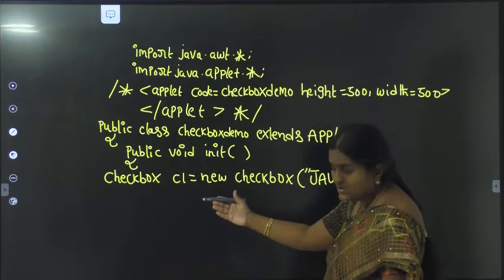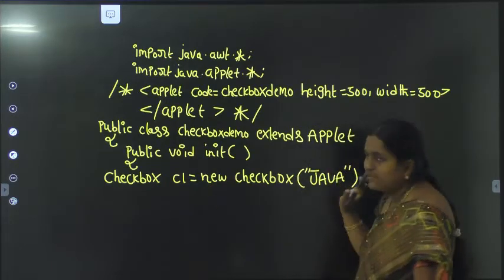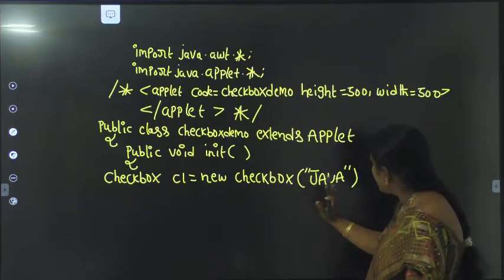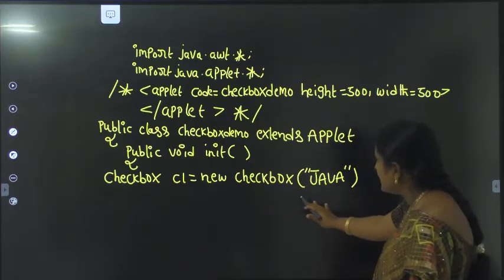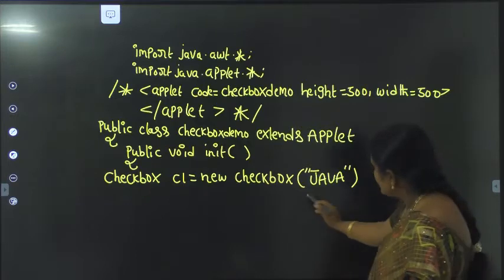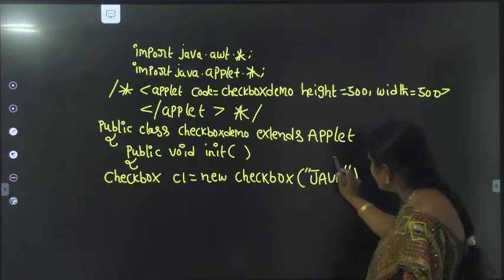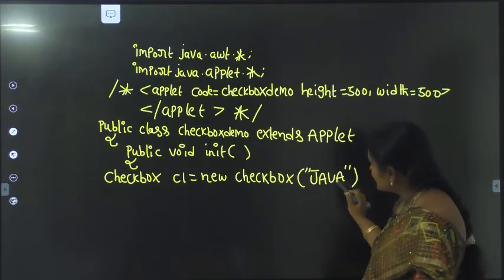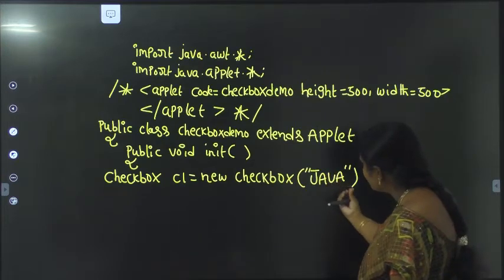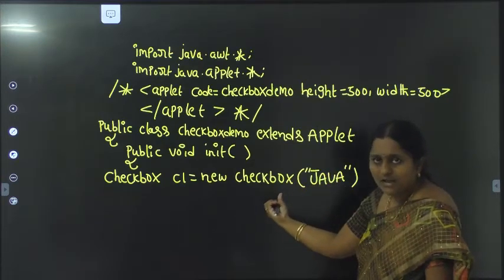It will create a checkbox with the label specified, Java. Whenever we create an object of Checkbox, it is a parameterized constructor taking a String str, where str is the label.